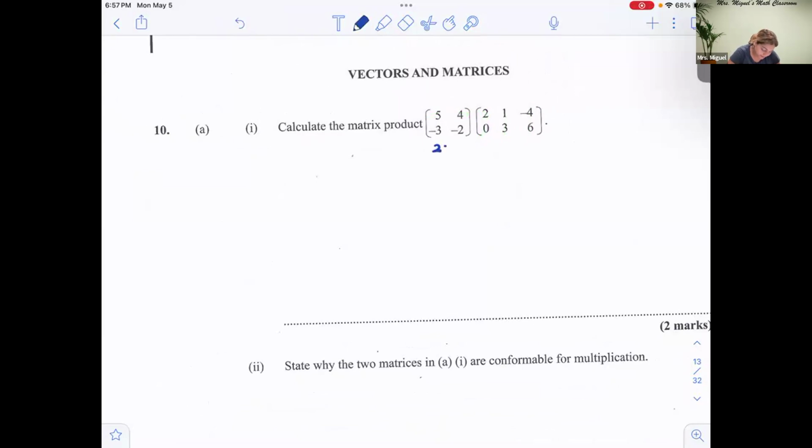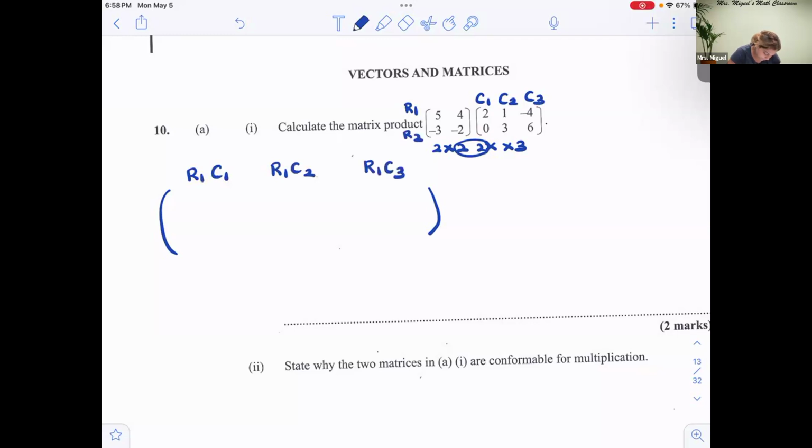So this is a 2 by 2. This is a 2 by 3. So our final answer must have 2 rows and 3 columns. So it is somewhat identical to this one. All right, so I'll give you some time to work it out. So remember, it's row 1, column 1, then column 2, then column 3. So row 1, column 1, row 1, column 2, row 1, column 3. Then we go to row 2.